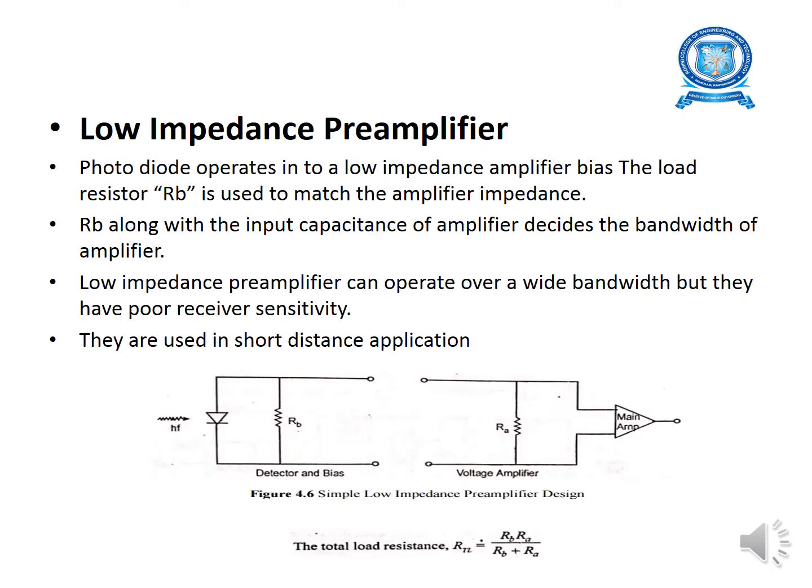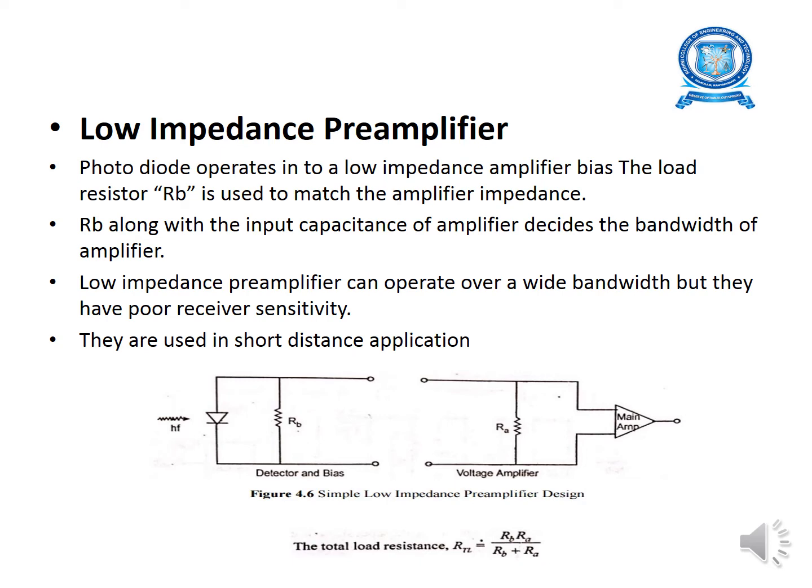First we are going to see the low impedance preamplifier. The diagram represented below shows a low impedance front-end optical fiber receiver with a voltage amplifier.